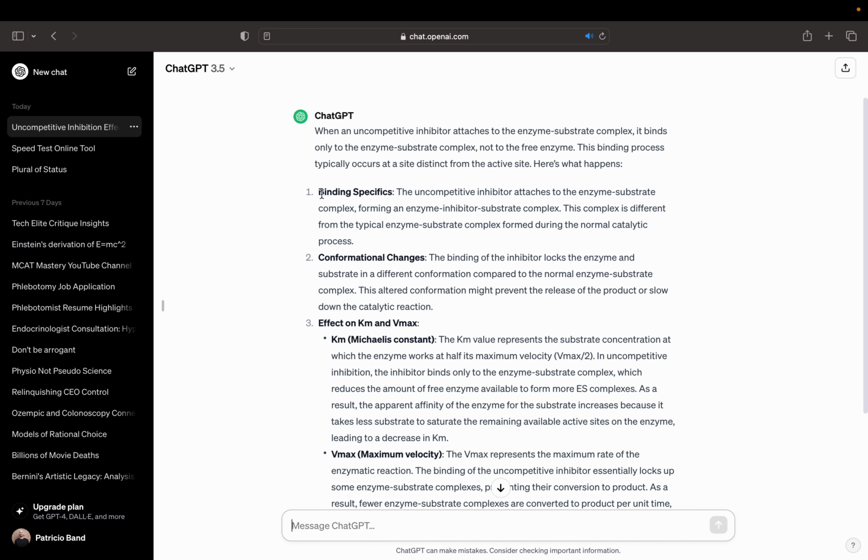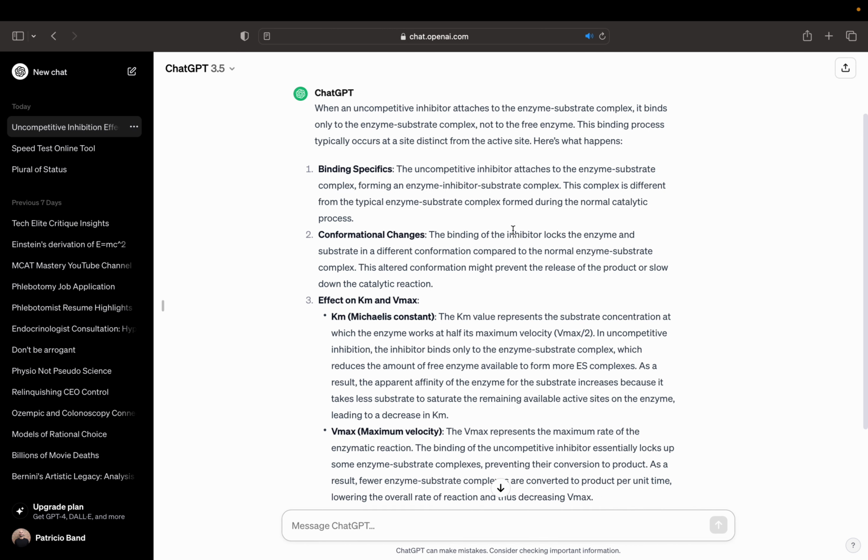The first step is binding specifics. The uncompetitive inhibitor attaches to the enzyme substrate complex, forming an enzyme inhibitor substrate complex. So it's these three being a complex altogether. This complex is different from the typical enzyme substrate complex formed during the normal catalytic process.